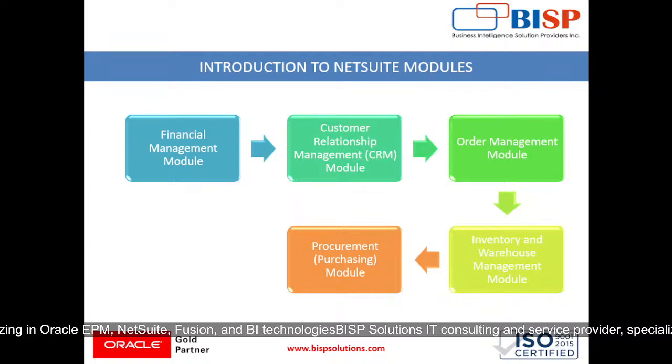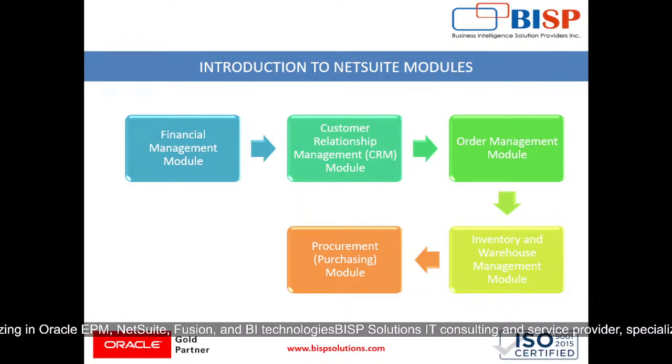So first of all, there is the financial management module. What is the purpose of the financial management module? It is to manage financial operations, which ensures compliance and provides financial insights to the end user. What are the key features? General ledger provides the full data. Accounts payable and accounts receivable provide data.